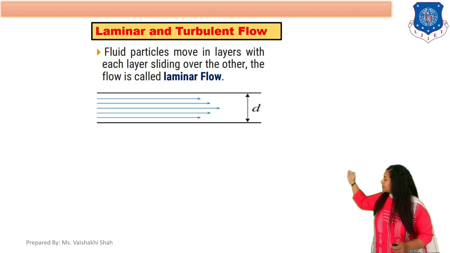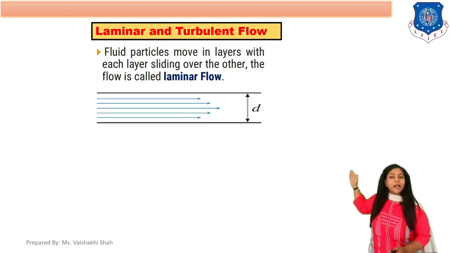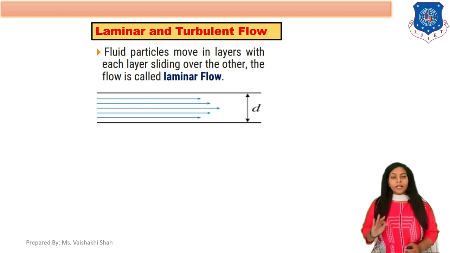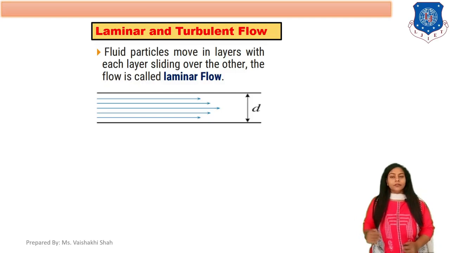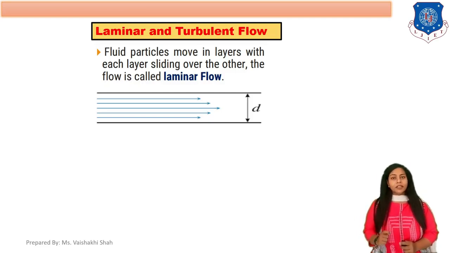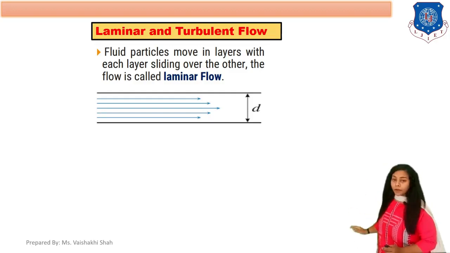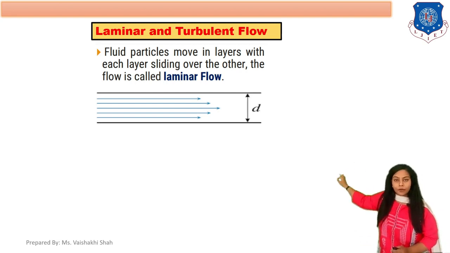This type of flow is called laminar flow. For laminar flow, the Reynolds number must be less than 2000. The Reynolds number, which is rho V d upon mu, if less than 2000, means your flow is laminar.